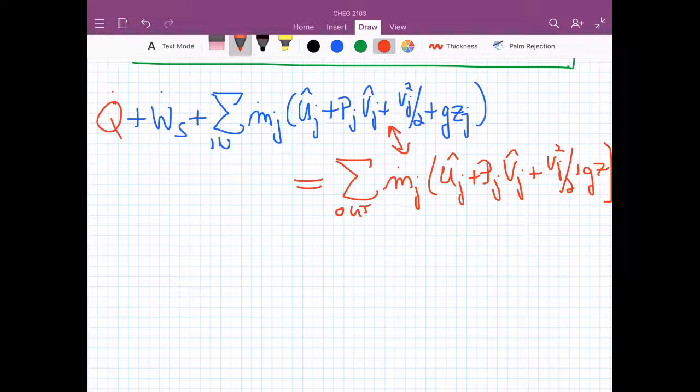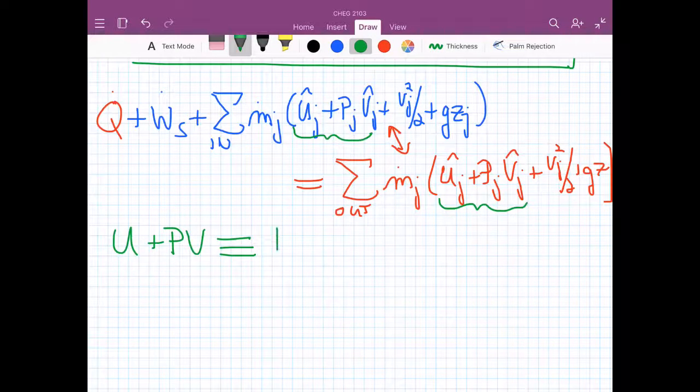So something very interesting happens here, because if we look at this, we notice that we have U plus PV in both of these streams. And if you have read the textbook and looked at thermodynamic definitions, U plus PV is defined as H, or enthalpy.